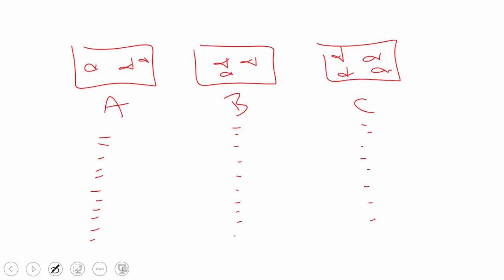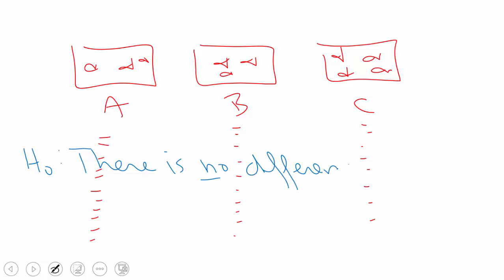Okay, so what are we going to do? We're going to do our analysis of variance. So remember, our null hypothesis is going to be that there is no difference. Remember, because it's a null hypothesis, it says there's no difference.